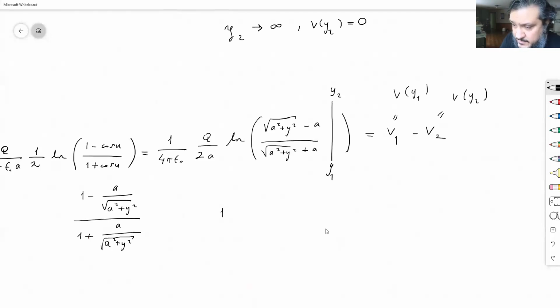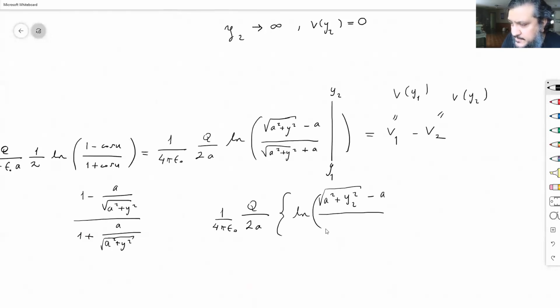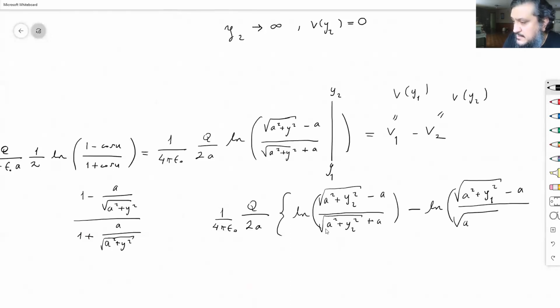So here I will have now, plug in the limit, 1 over 4 pi epsilon 0 q over 2a, ln of square root of a squared plus y2 squared, minus a, divided by square root of a squared plus y2 squared plus a, minus, same thing with the lower limit, ln of square root of a squared plus y1 squared minus a divided by square root of a squared plus y1 squared plus a.